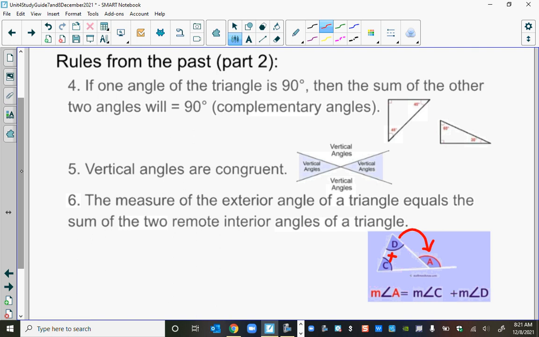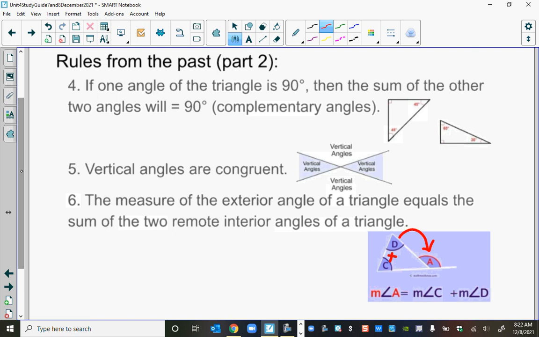So, again, you have a 90-degree right angle as one of your three angles in your triangle. The other two angles must also add up to 90 degrees. We're going to be dealing with this rule one way, shape, or form again. Then, vertical angles are congruent.